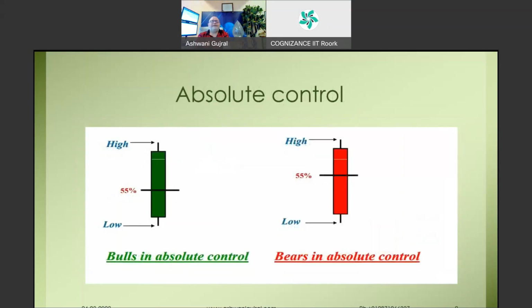Now, once these bars close at an extreme or very near the extreme, you can say that the bulls or the bears are in absolute control. This is the most confident the bulls or the bears are when they are able to close a bar at the extreme.